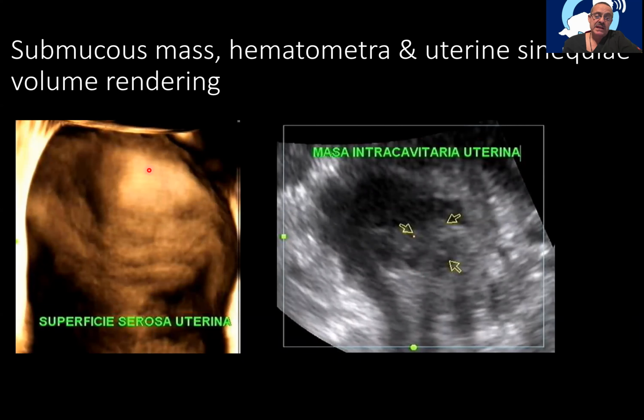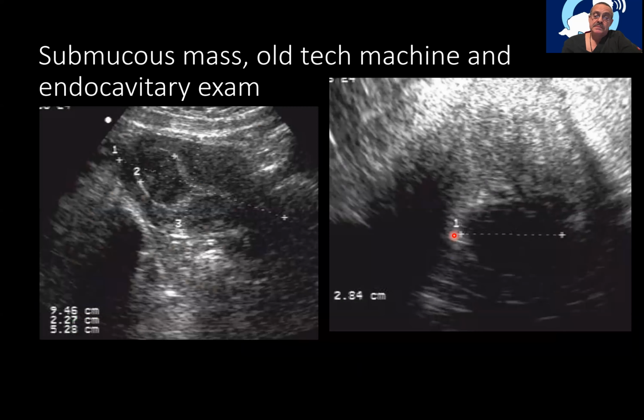This is mimicking a laparoscopic view, but this actually is a render reconstruction of the surface of the uterus from the belly. And this is the complex mass. If we have a limited-resources machine, we can also diagnose that.